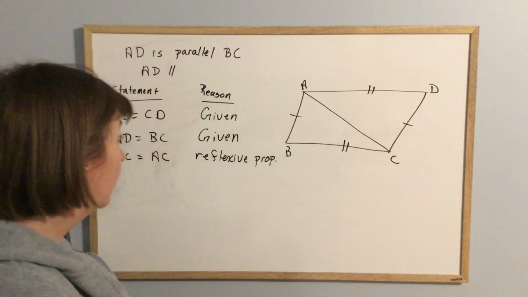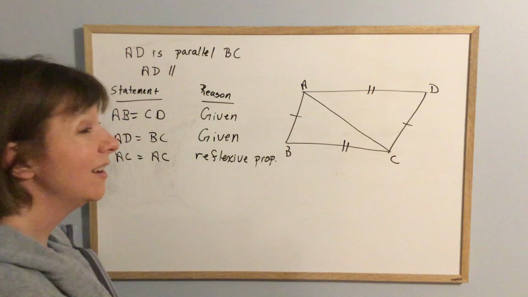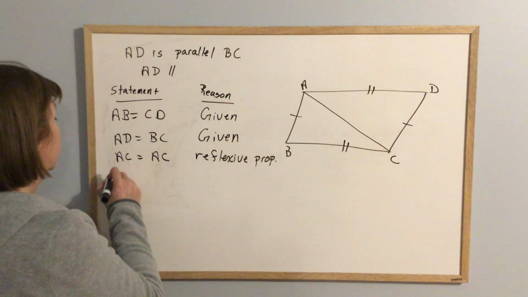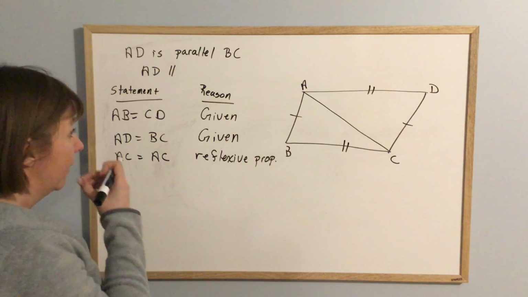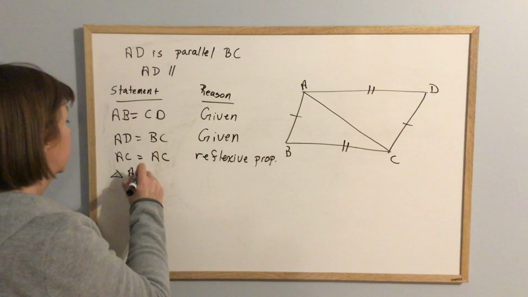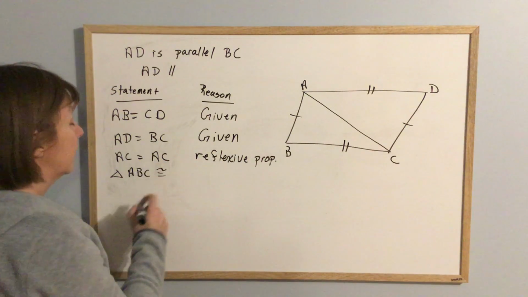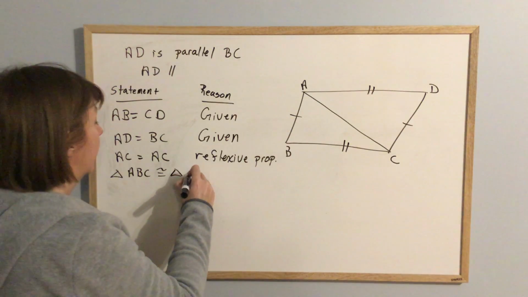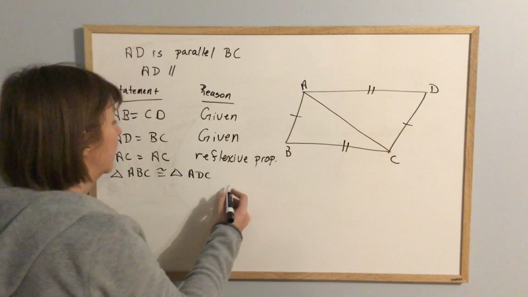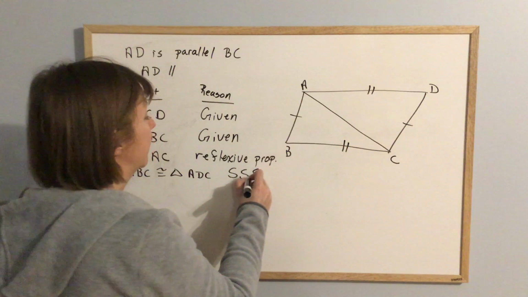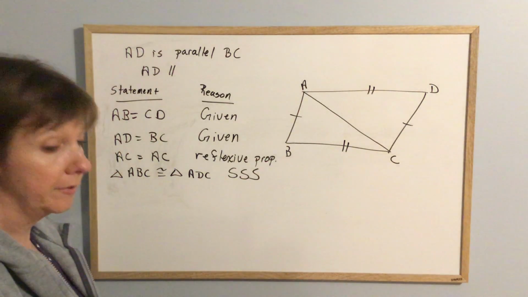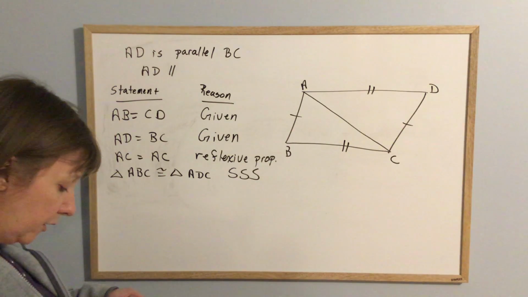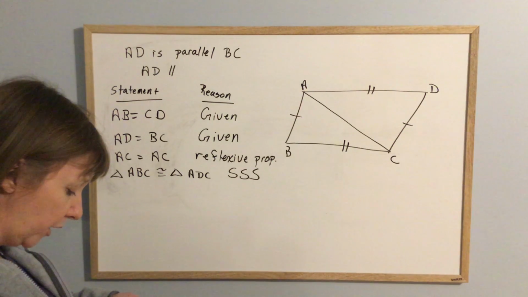And so because I've proven a side, and a side, I can now say that triangle ABC is congruent, so that's that equal sign with a wavy line on it, to triangle ADC. The reason, side, side, side. So I've proven that the triangles are congruent.